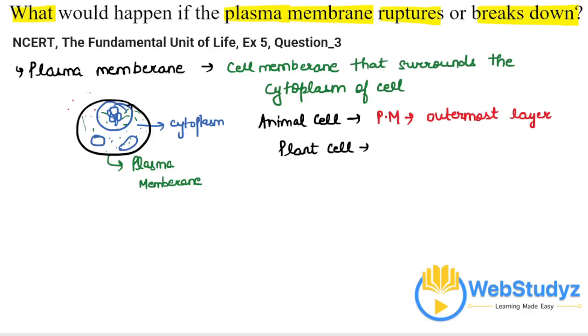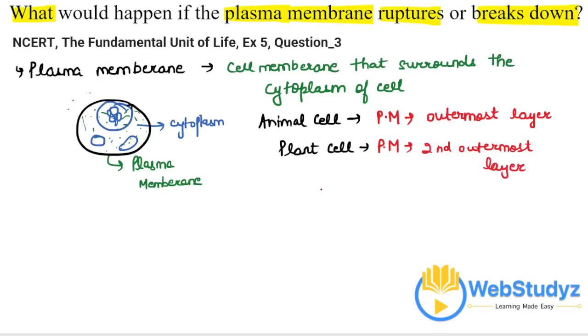So in a plant cell, the plasma membrane is not going to be the outermost layer. It will be the second outermost layer, because after this, the cell wall will also be present. The cell wall is the outermost layer in the plant cell.